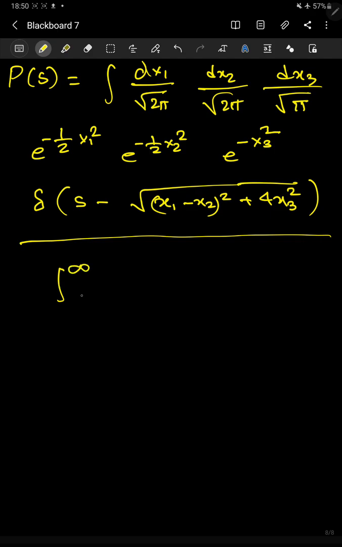If you remember, a delta function is something like this. It gives you the value where it's translated. And so the delta function ensures the spacing.